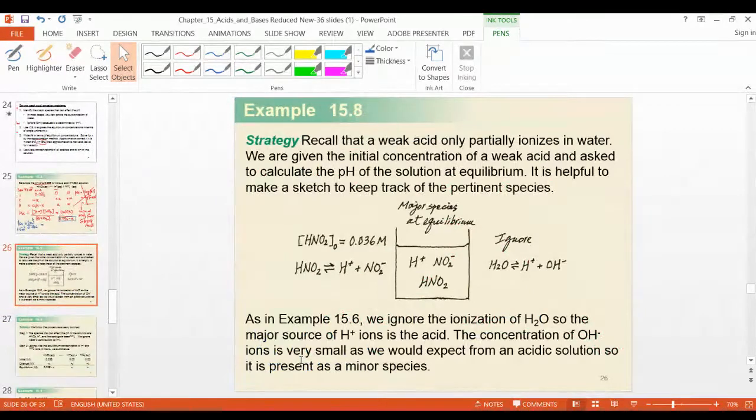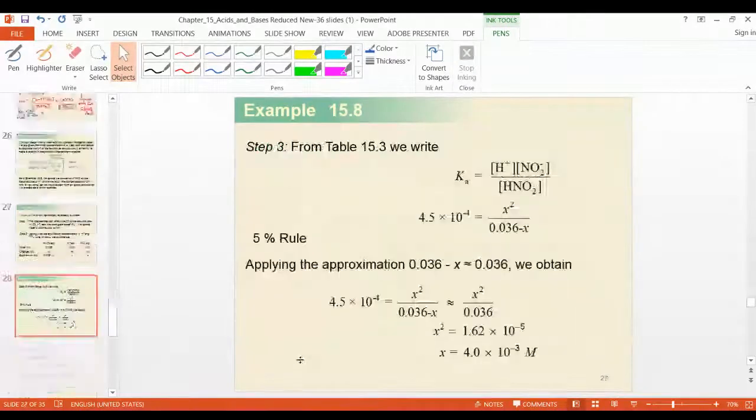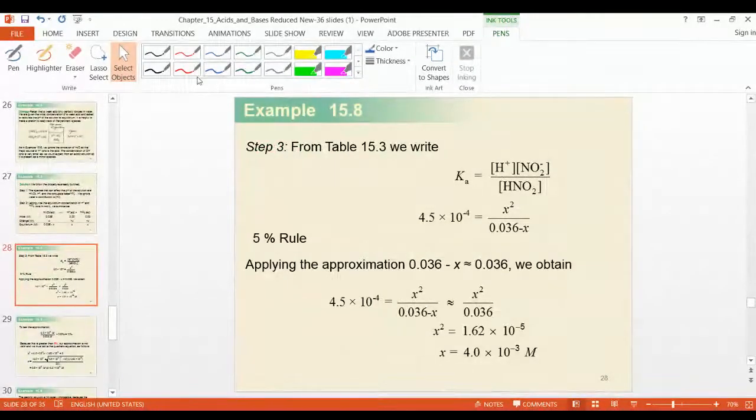And the calculation is here. All right, we have done the same thing here. Look at here, it is written: apply approximation. What approximation? This minus x we consider as 0.036, and we will use the 5% rule.